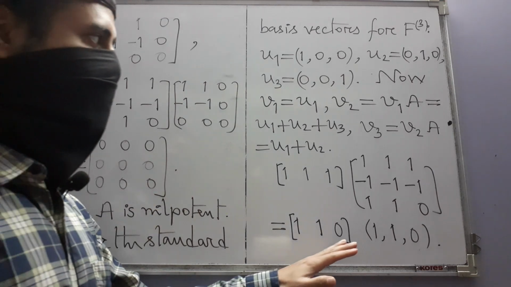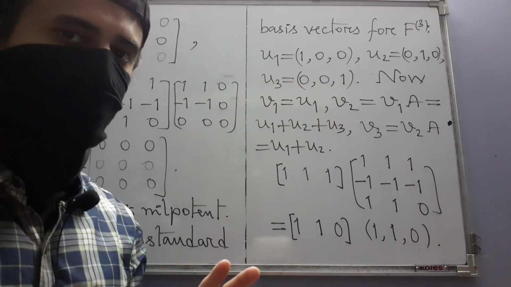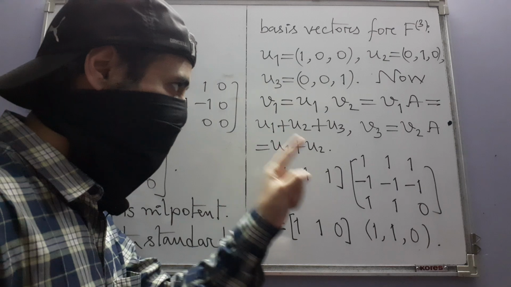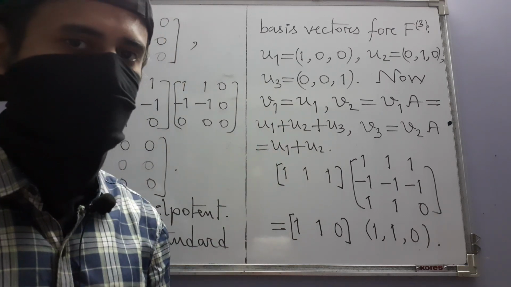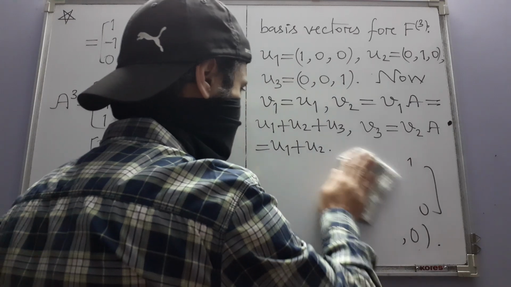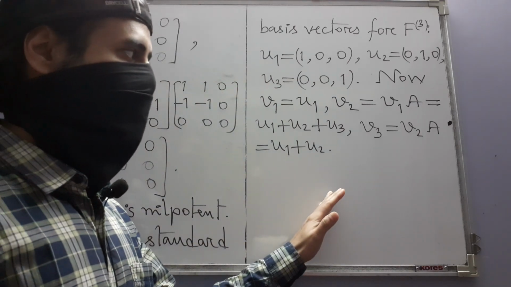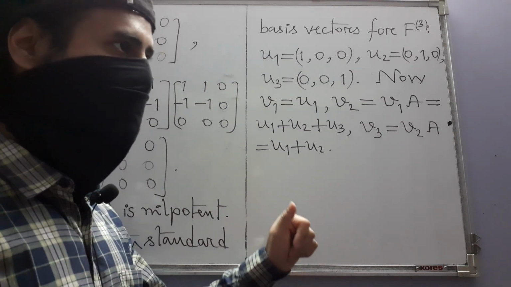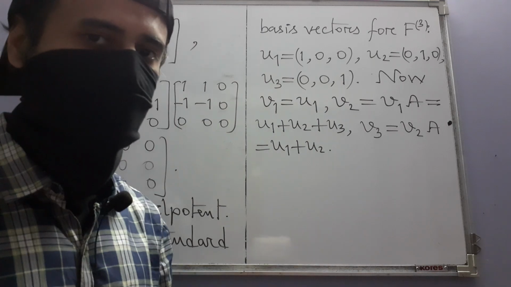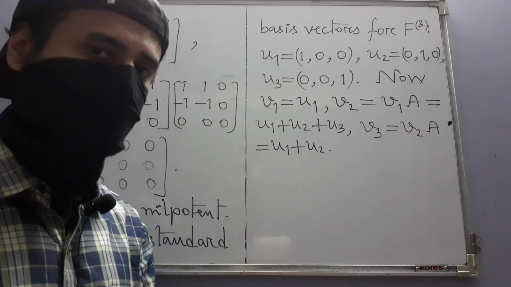And from theory, we now know that just like U1, U2 and U3 form a basis for F3, which we call the standard basis vectors, V1, V2, V3 also form another basis. And what will be the matrix of A? It sounds very peculiar because A itself is a matrix, but here A is being interpreted as a linear operator.